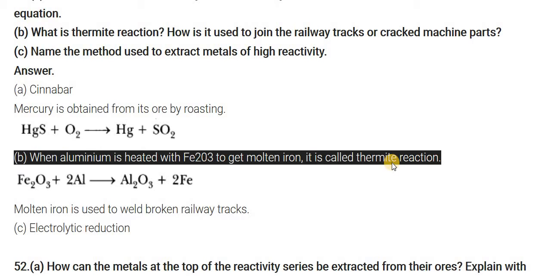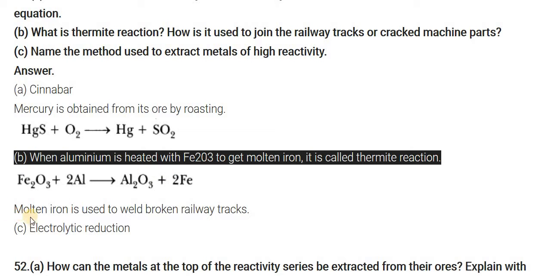Al2O3, the aluminium oxide, is formed along with Fe, the iron. This process is known as the Thermit reaction.